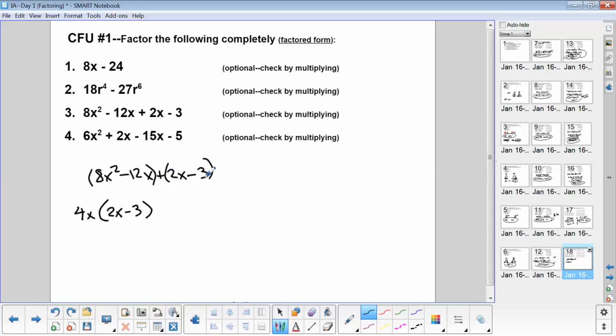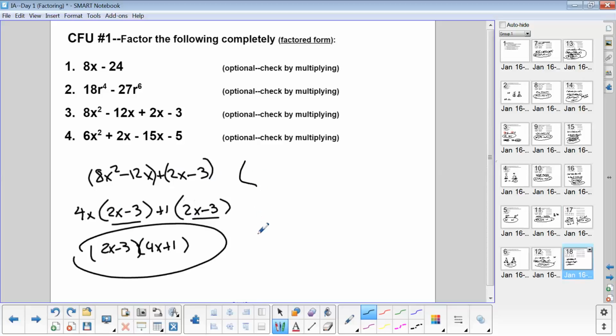Now, careful here. What do they have in common? The only thing 2x and 3 have in common is a 1. So you get 2x minus 3. So there's the 2x minus 3 showing up. So you get 2x minus 3 times 4x plus 1. And that would be the factored form.